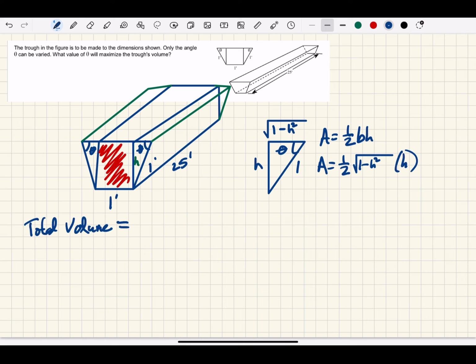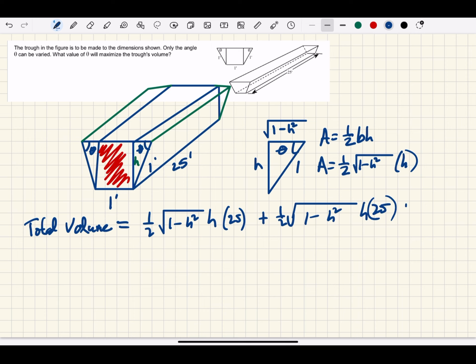So the total volume would be the volume of each of those triangular sections. So that would be 1/2 times the square root of 1 minus h squared times h times 25, plus 1/2 times the square root of 1 minus h squared times h times 25, plus the volume of the rectangular section, which would be the base, 1, times the height, h, times the depth, 25.